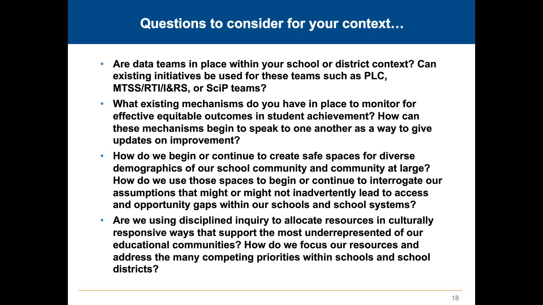Use those teams and refocus and repurpose what their singular focus will be. What are the mechanisms that you have in place to monitor? What kinds of things do you need to put in place to monitor those areas that specifically deal with access and opportunity gaps? How do you begin to create those safe spaces for these conversations within your school community and the larger community?